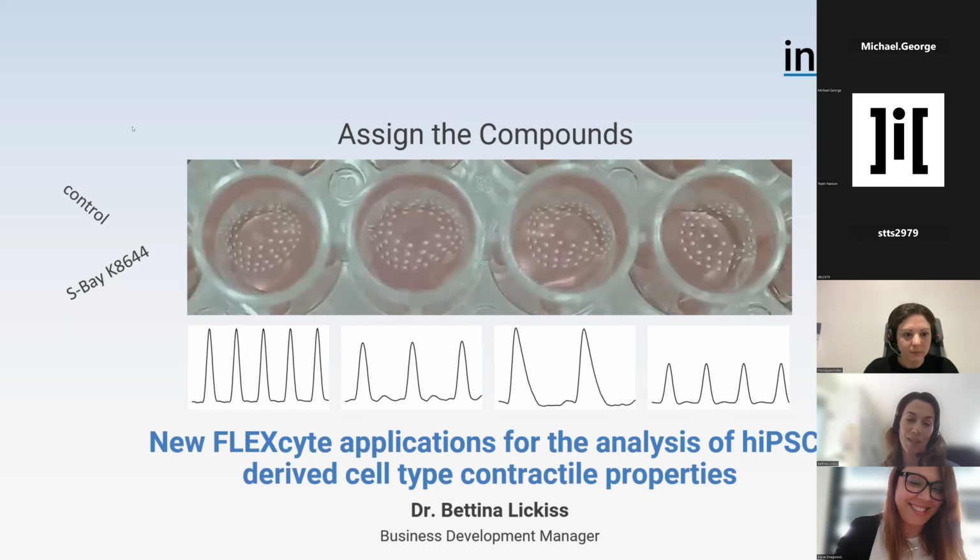We also have the FLEXcyte signal underneath it to give you a little more of a hint. Put it in the chat box or tell me later. You will not get the results right now, because I'm going to show you more about the FLEXcyte applications, the analysis of hiPSC-derived cell types' contractile properties, and after that, you will get the results.